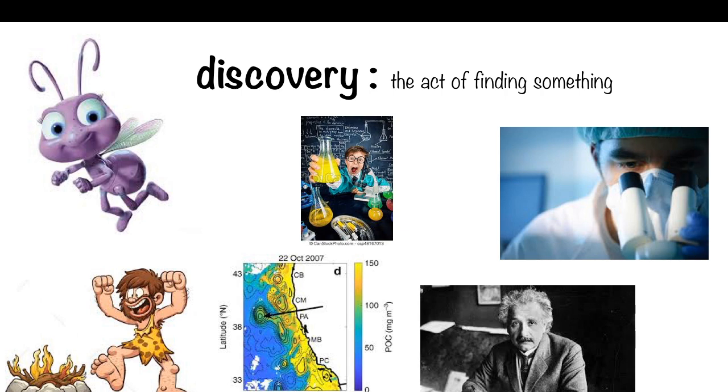Discovery is the act of finding something new. Our neighbor made a huge discovery when he was working in the garden. He dug out a big box full of treasure. See, he made a discovery. Yeah, he found something new inside his garden when he was working.